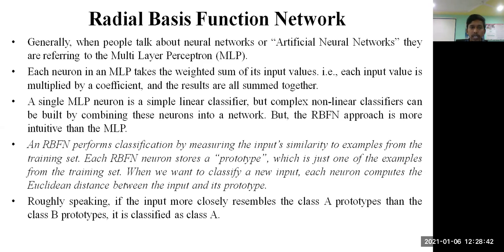Generally when people talk about neural networks or ANN, they are referring to multi-layer perceptron. As I said in the previous session, a perceptron is nothing but a neuron. Whether you're talking about a single layer or multi-layer neural network, it is nothing but a multi-layer perceptron. Each neuron in a multi-layer perceptron takes the weighted sum of its input values.